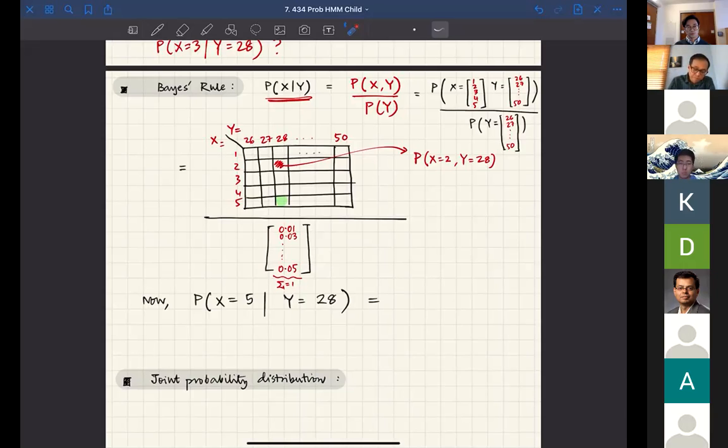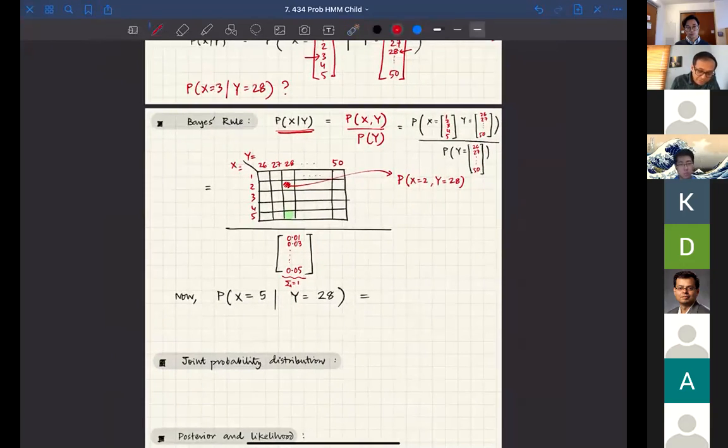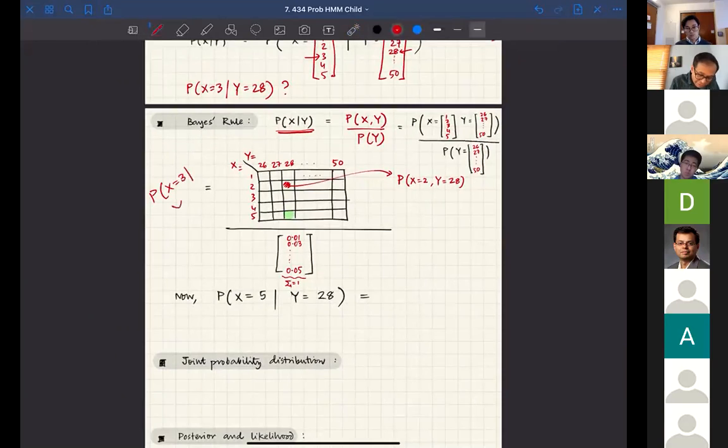So similarly, for P of Y over here, all the probabilities should add up to 1. So this is basically P of X given Y, but you can ask, I have a matrix on top and a vector at the bottom. How am I going to do any division? Of course, you cannot do a division. But when someone asks you this question, what is P of X equals 3 given Y equals 28, then you can answer the question.